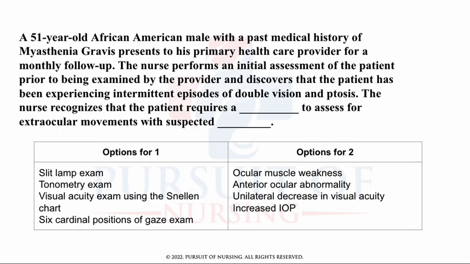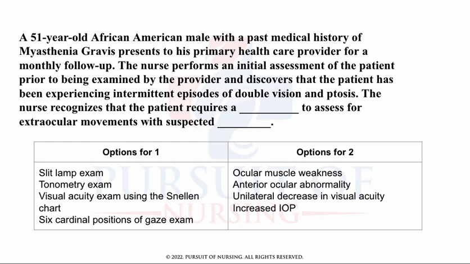All right, this is a drop-down style question where you have separate answer options for each blank or fill in the blank. This is going to assess your knowledge of physiological integrity and then health promotion and maintenance as well. A 51-year-old African-American male with a past medical history of myasthenia gravis presents to his primary healthcare provider for a monthly follow-up. The nurse performs an initial assessment of the patient prior to being examined by the provider and discovers that the patient has been experiencing intermittent episodes of double vision and ptosis.